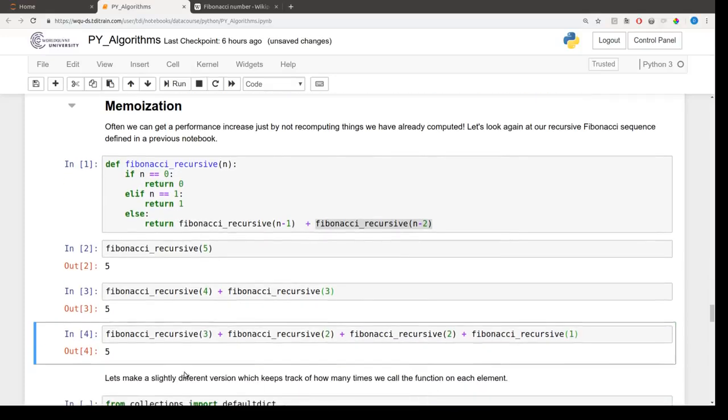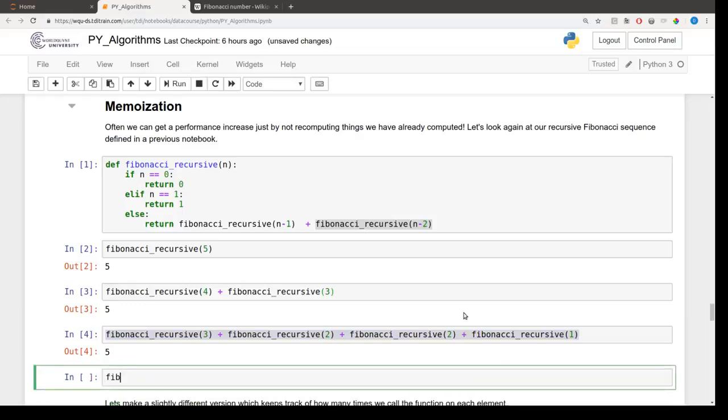And we can see as I expand this out, we're getting the same result each time. And I'm essentially breaking down the stack of recursive calls to this function, the sequence of recursive calls.